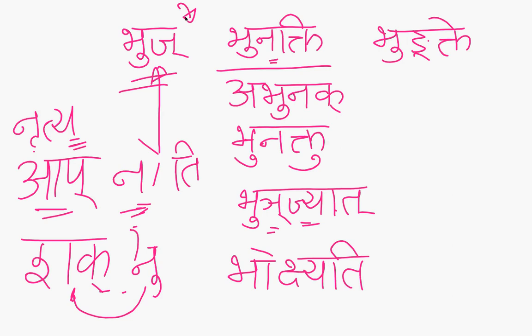And in lrit lakara, as you see here, there is no na: just bhuj and syati becomes bhokshati. There is no na. So this is a very interesting thing about rudhadi gana, where the vikarana pratyaya gets inserted inside the dhatu, not after the dhatu.